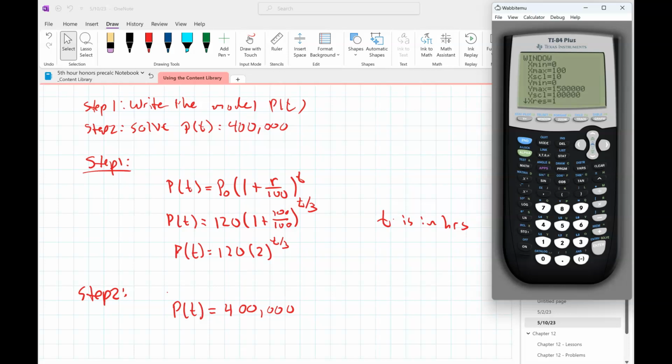It feels like it's going to be a long time, so maybe 100 seems good. Doubling is pretty fast, so I don't expect it to be like 5 million or something, but it's going to take a minute. Y is the population. The minimum population is 120, and we need to go up north of 400,000. So I'm just going to go 0 to like 500,000.